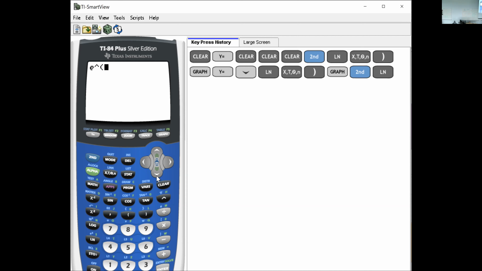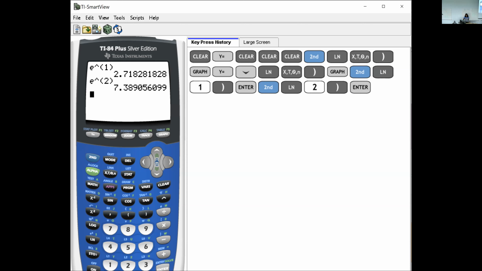Okay, y equals 0, e raised 0 is 1. Plug in 1, you get e raised 1. We know from last time it is 2.718. Plug in 2, and we get 7.389.